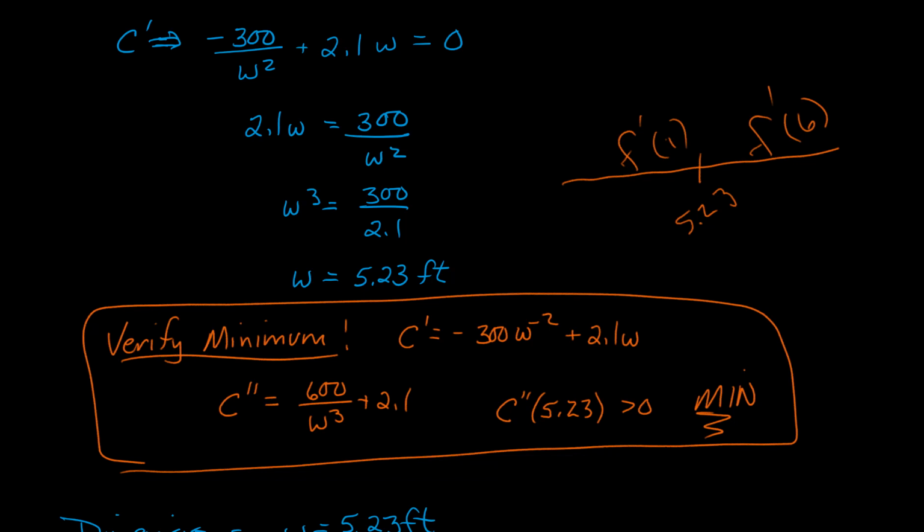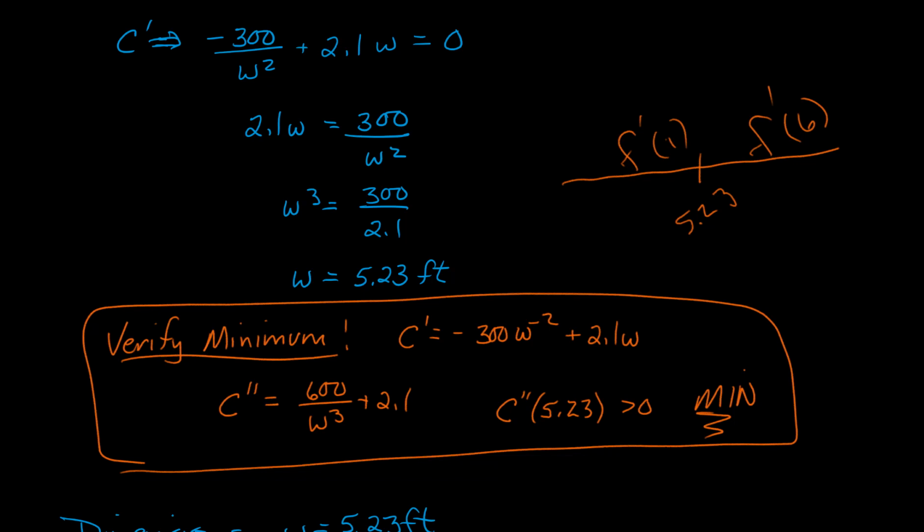Now, all I need to do here is to plug in the 5.23. I'm not going to really plug that in. What I'm going to do is look at the 600, which is a positive number, divided by 5 and some change cubed, that's a positive number. So this first fraction's positive, plus 2.1 is positive, which gives me that my second derivative is positive.